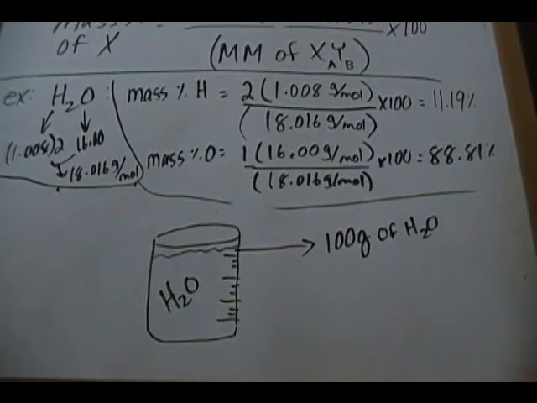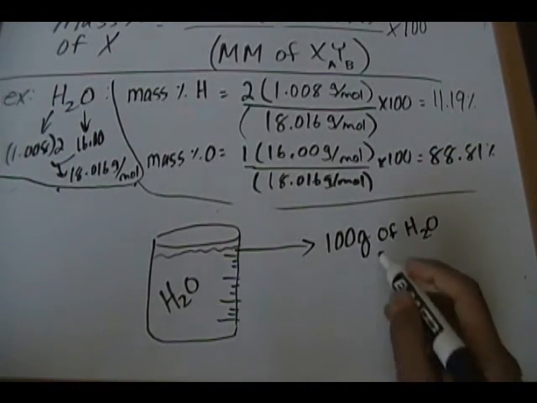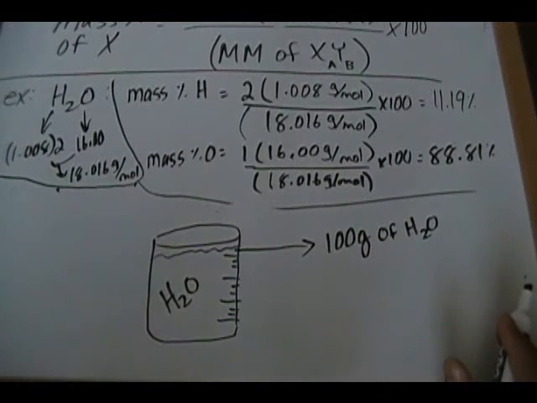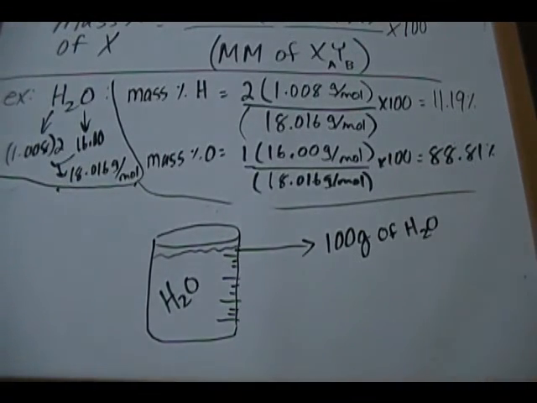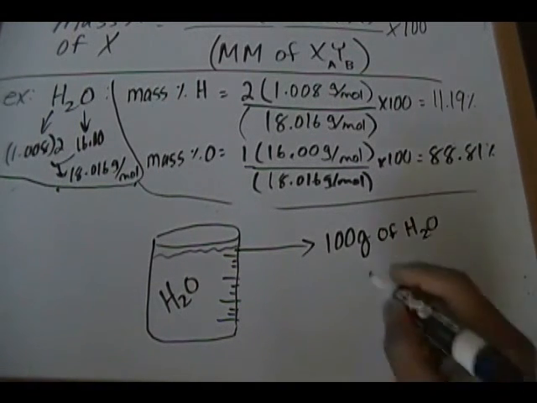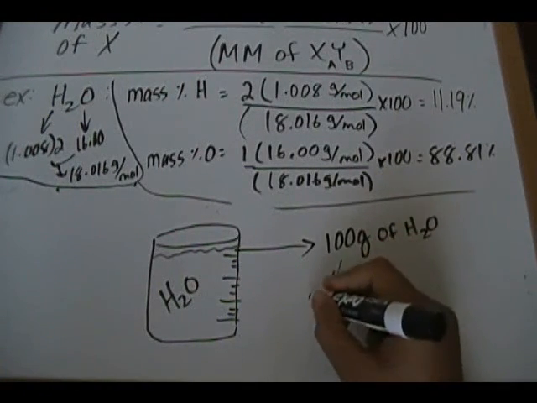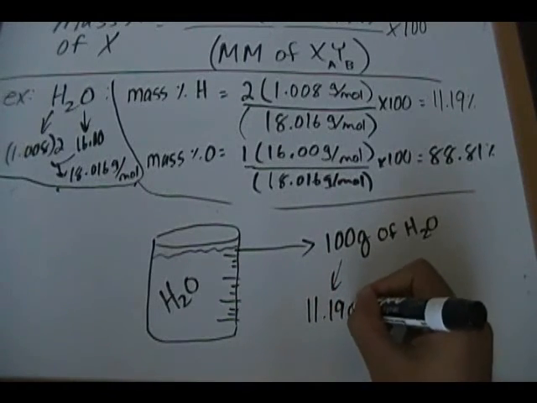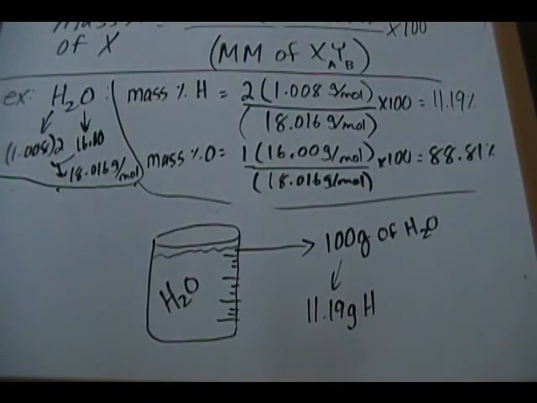If we have a sample of 100 grams of water and 11.19% of this total mass is due to hydrogen, then what is the mass of hydrogen present in this 100 gram sample? Well, it's easy. What is 11.19% of 100? It's 11.19. So in this 100 gram sample of water, 11.19 grams of it is due to H.